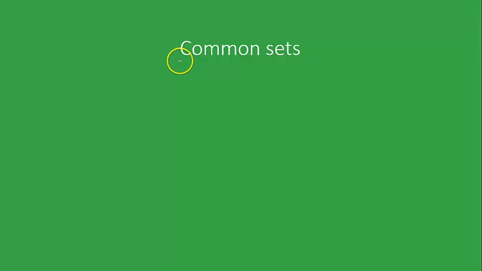The next concept is that of common sets. There are certain sets which are commonly used to represent the functions which we'll study in later chapters. Let us start with N, which is the set of all natural numbers.